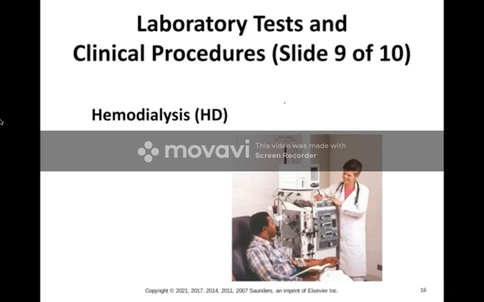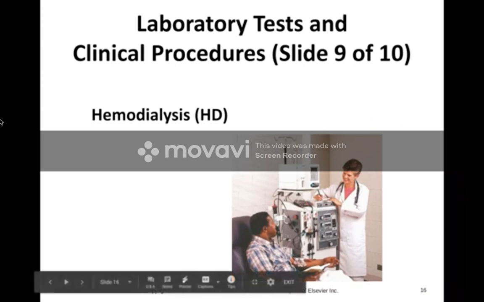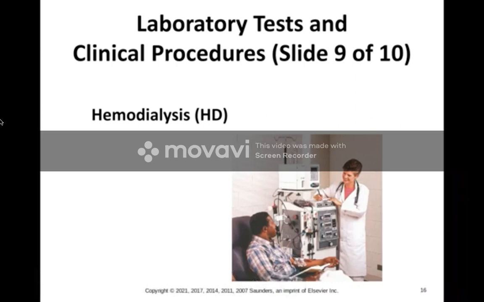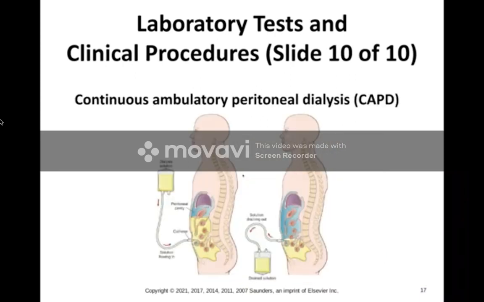Hemodialysis, or HD, is when somebody's kidney is not able to do the filtering on its own, and so people get hooked up to HD hemodialysis machines, and that does the work of the kidneys for them to filter out all the waste products.